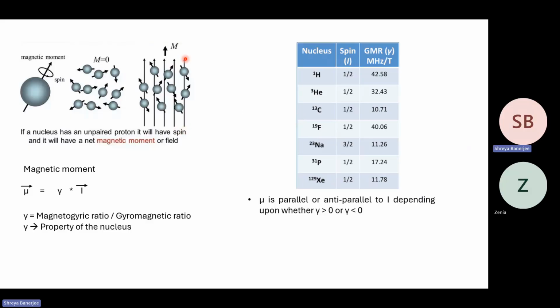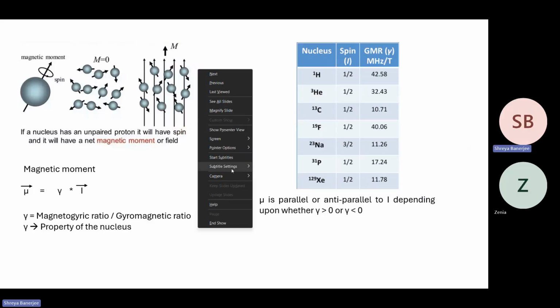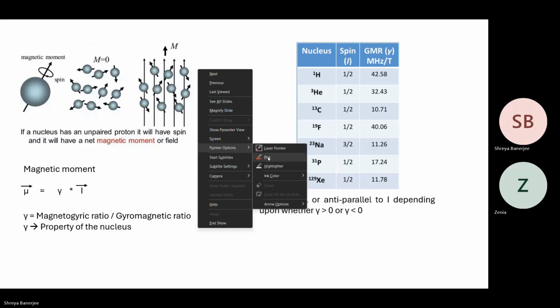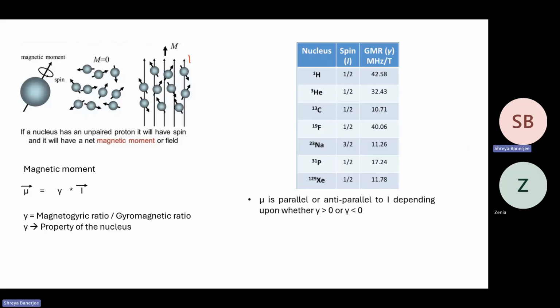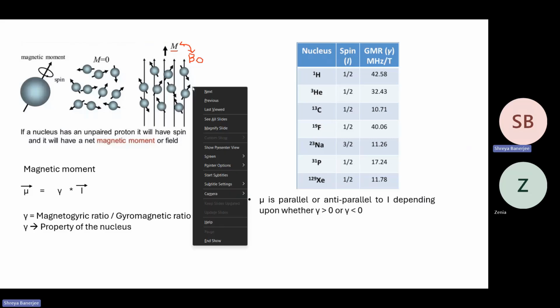For now, you can just remember that if we consider this external magnetic field as B0 and the net magnetic moment from the nuclei as M, these two will either add or subtract depending on the direction and give the net magnetic field that is experienced by the nuclei.